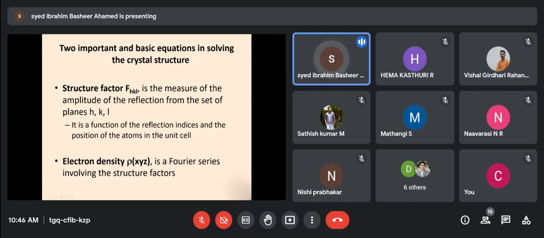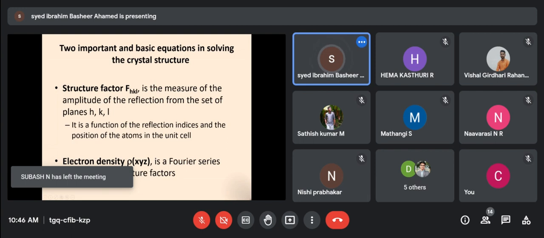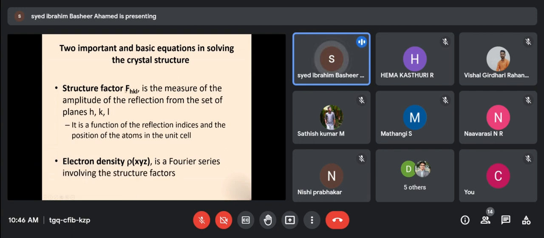Here you have two important basic equations in solving crystal structures. One is the structure factor, and the other is the electron density. The structure factor is indicated with capital F, with a subscript small hkl. hkl indicates the reflection.